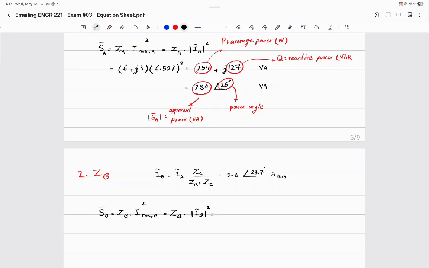You have everything, right? ZB is 9 minus j8. Next, what is the magnitude of IB tilde? It's right on the screen, screaming at you. 3.8, thank you.